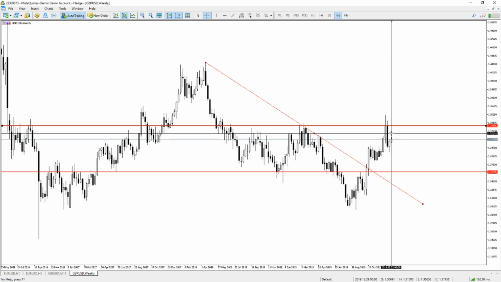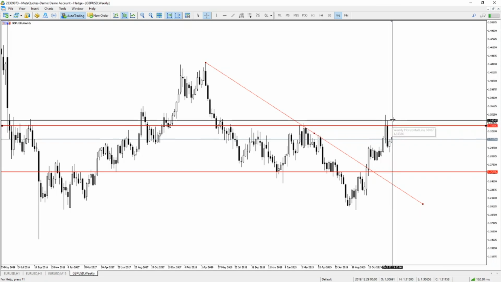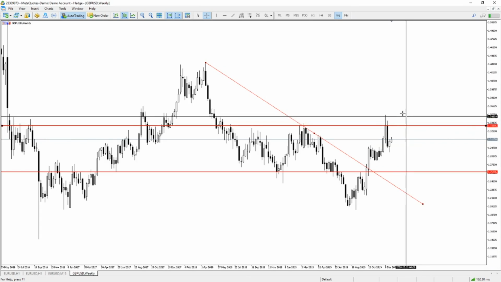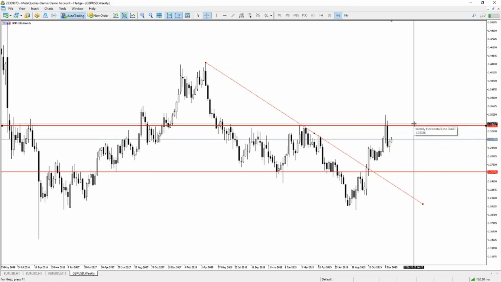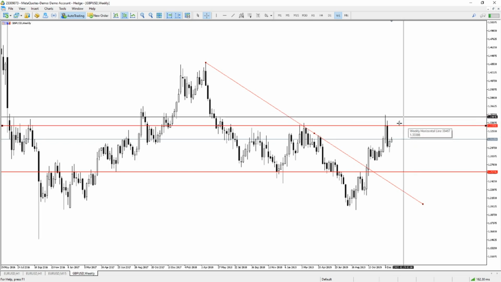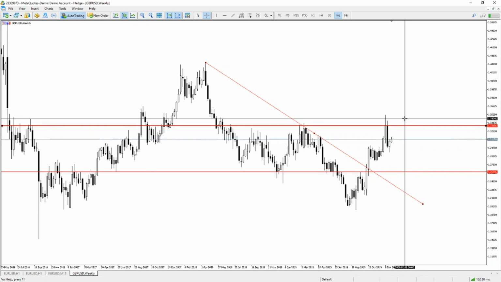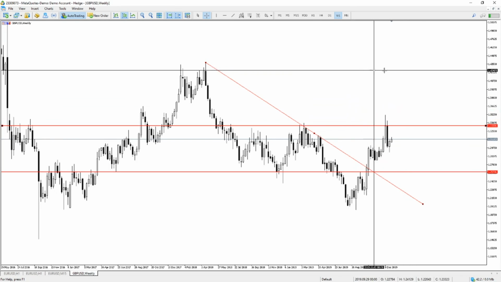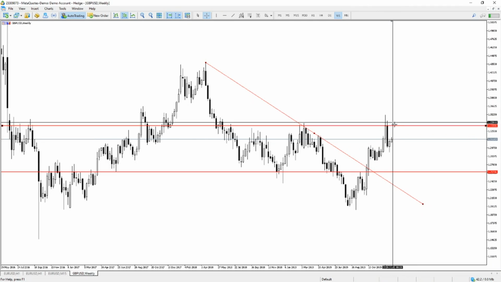If that doesn't work and the market goes beyond that level, then I will wait for the market to retest that level. When it retests the level, I will go to my system and try to find a buy setup, and for the targets I will draw a level here.